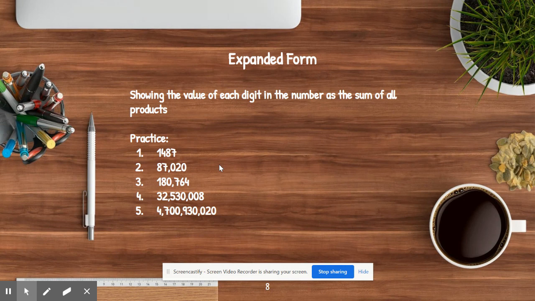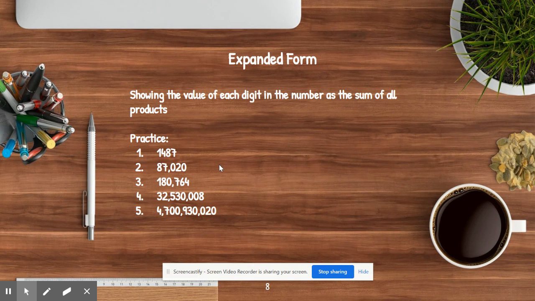Expanded form, which is something that's in lesson 2, should be something that most of you already know how to do. It was actually located somewhat in lesson 1. So I don't think we're going to spend a whole lot of time practicing all of these, because if you could do 1 or 2 of them, you could do all 5 of them, right?